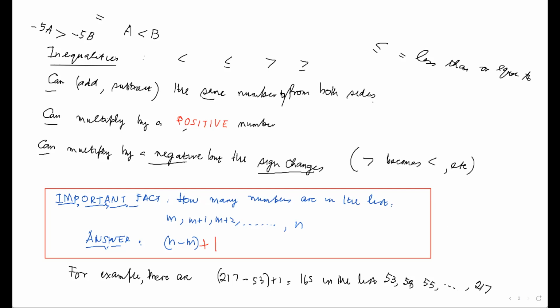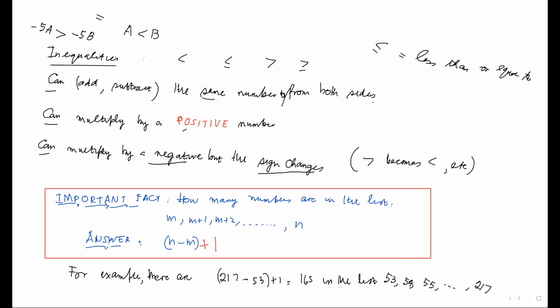You might be tempted to say that it's the last number, 217 minus 53, but that will be wrong, because the answer is really 217 minus 53 plus 1. You must add 1 to it. So this is 217 minus 53 plus 1, which gives you 165. So when you've got consecutive numbers, you can find out how many numbers there are in that list.